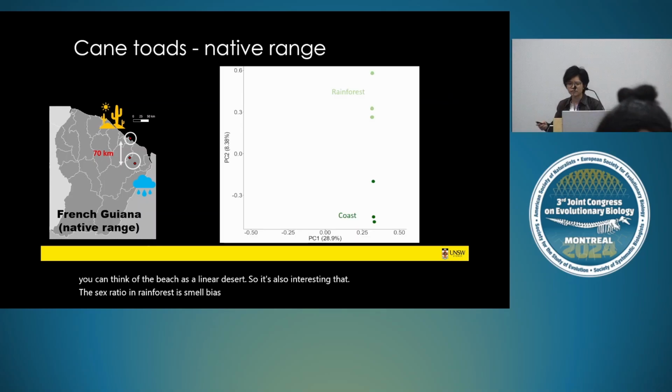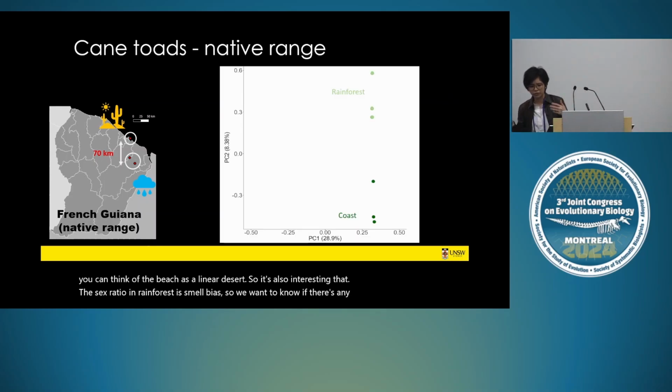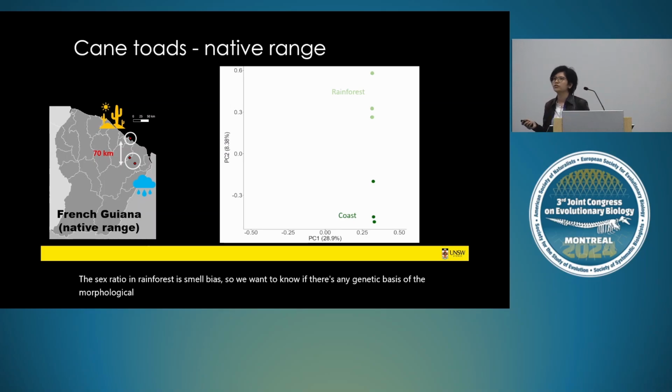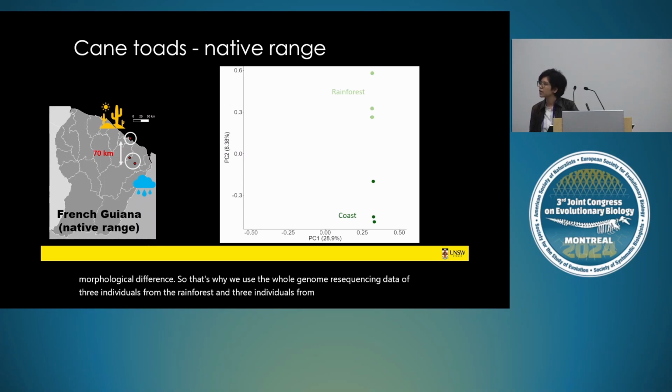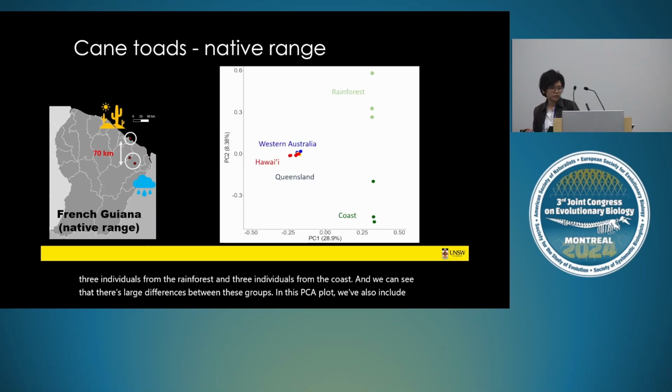So we want to know if there's any genetic basis for the morphological difference. That's why we used whole genome resequencing data of 3 individuals from the rainforest and 3 individuals from the coast, and we can see that there are large differences between these groups. In this PCA plot, we have also included some invasive cane toads, and they seem to be genetically intermediate.